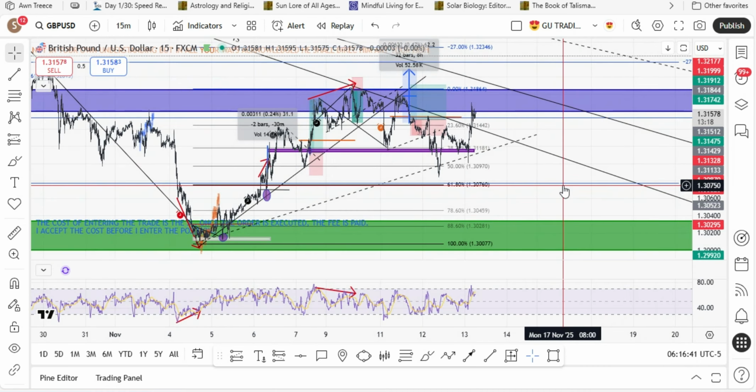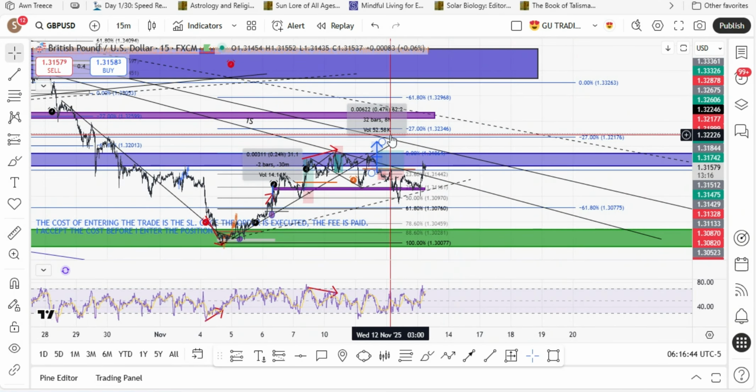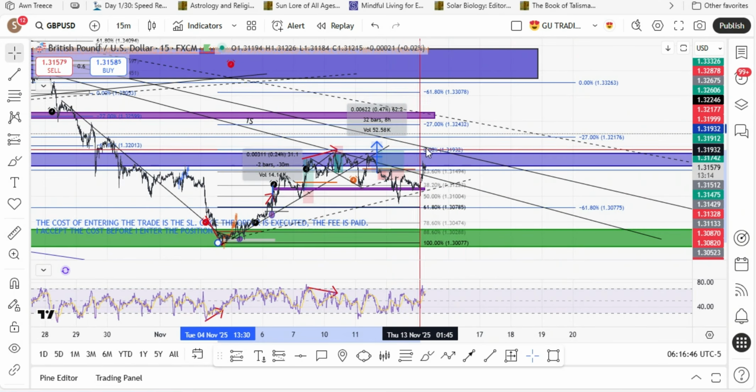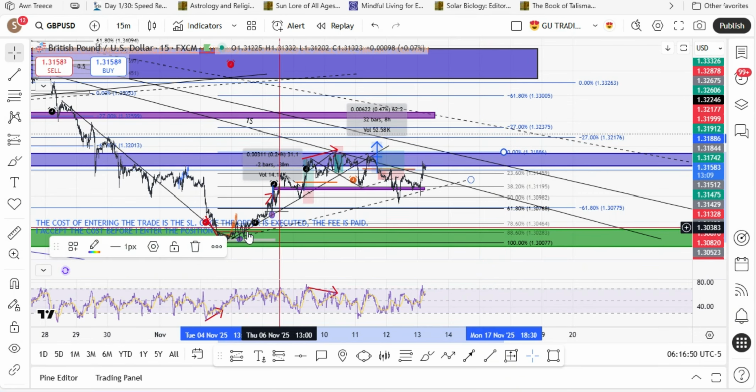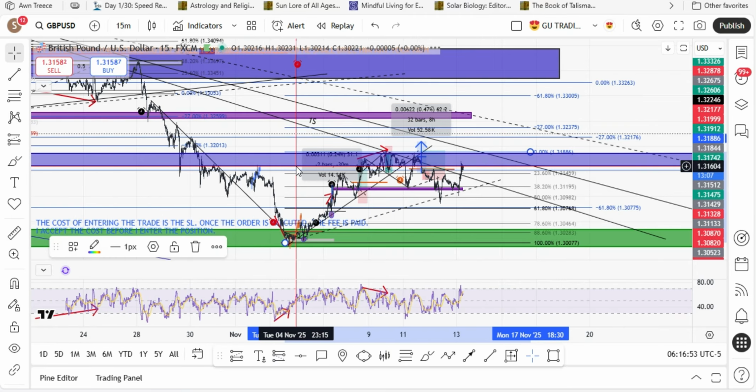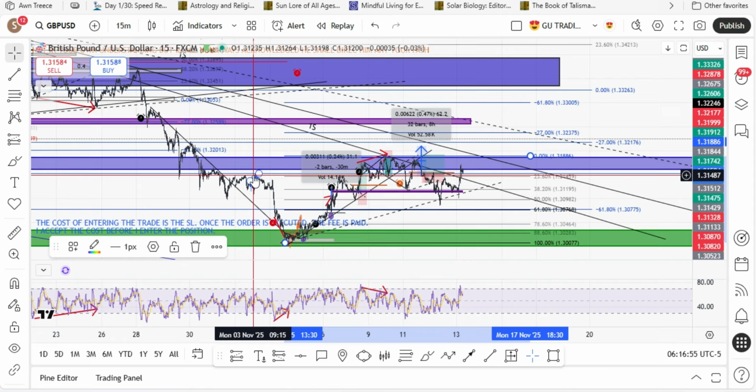But I do have a fib here for what I'm considering a higher time frame trend, which is this uptrend here. It did go above this point here. It's not really major.